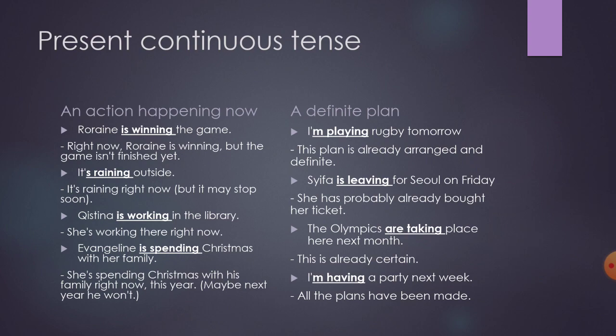If we were to remove the timeline, let's say from the first one, we remove tomorrow, it becomes I'm playing rugby. And I'm playing rugby is an action happening right now. Then it falls under the first situation. Okay, that is how present continuous tense is used for a definite plan.